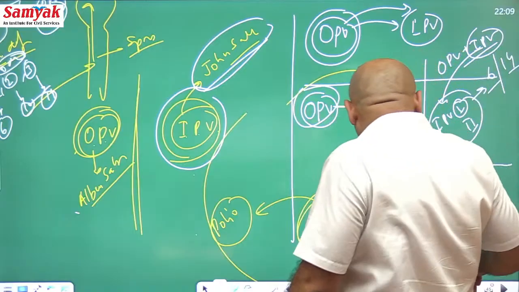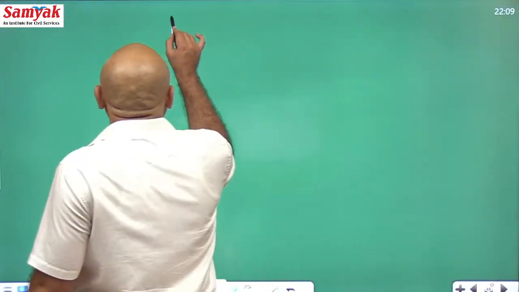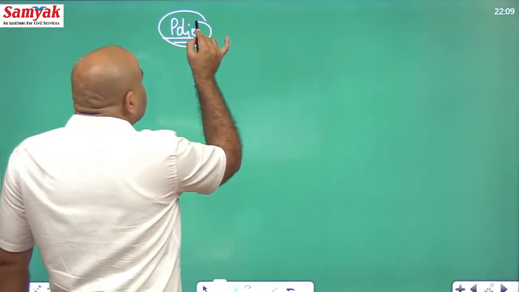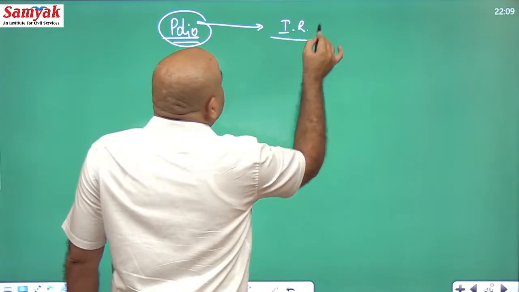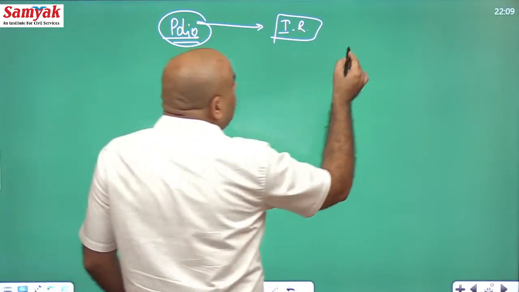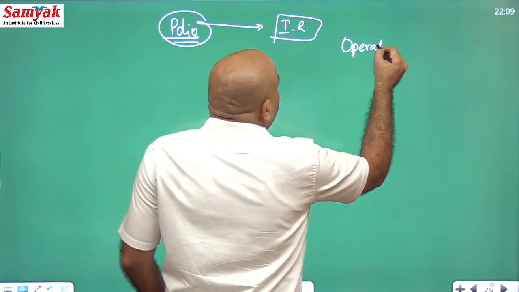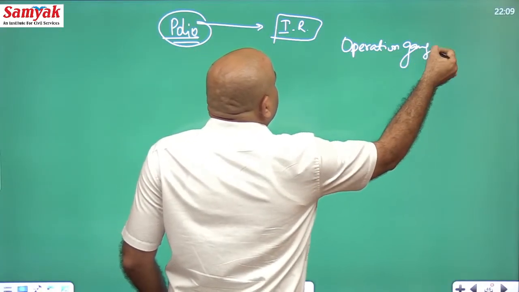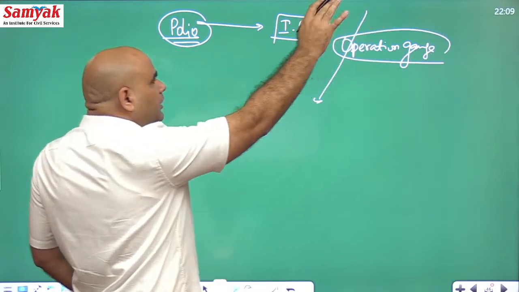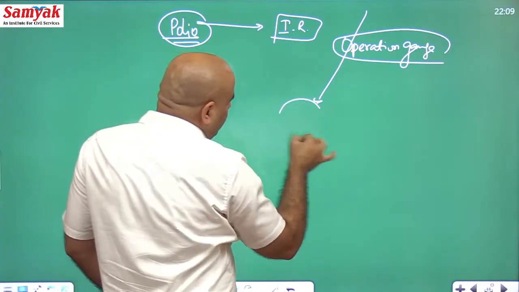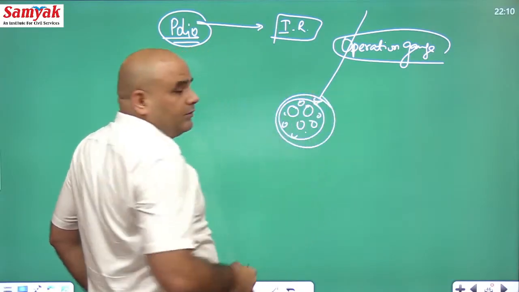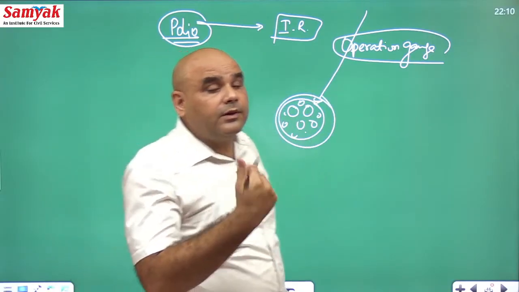One more thing you have to remember here, that polio, yes, it is eradicated from India completely, but right now, recently, there is an issue affecting the polio status of India. How is it affecting the polio status of India? We are very much proud of our Operation Ganga. Operation Ganga is, you remember, we have saved a lot of refugees from Afghanistan. Now, a lot of people who are Sikhs and Hindus, they are in India now, but actually they are from Afghanistan.